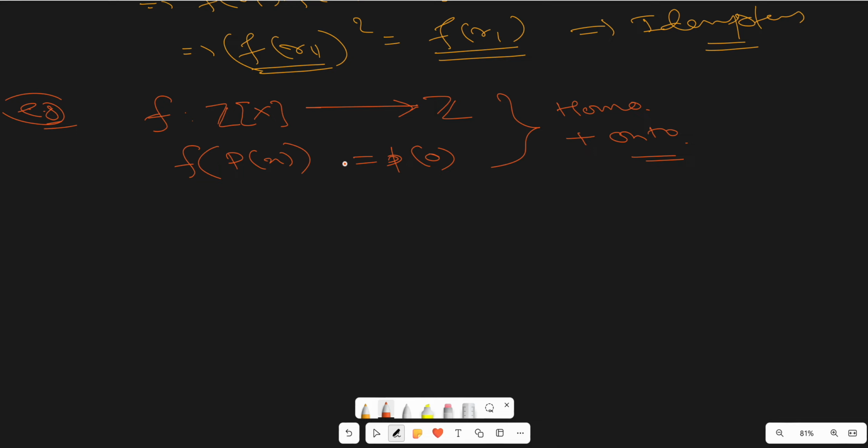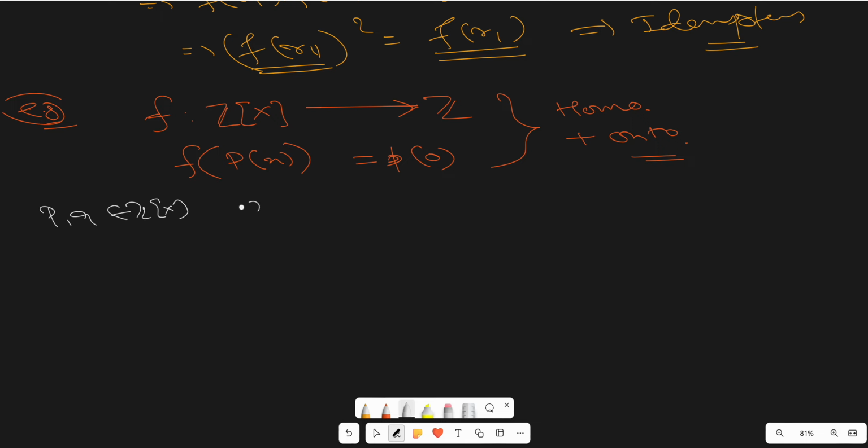Homomorphism check is just checking two properties. Let me verify it, because this is the first example. I am not going to give the homomorphism as an exercise. Suppose you have p and q, two polynomials in Z[x].